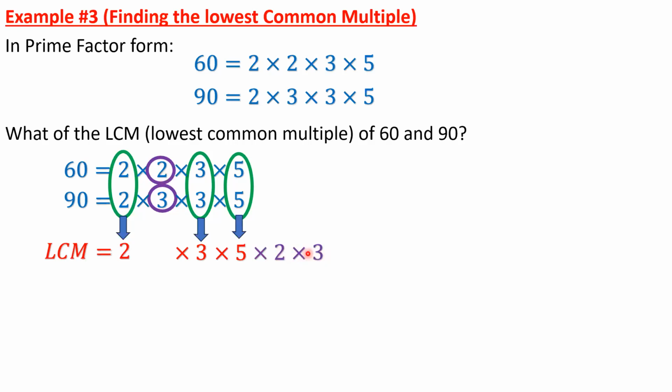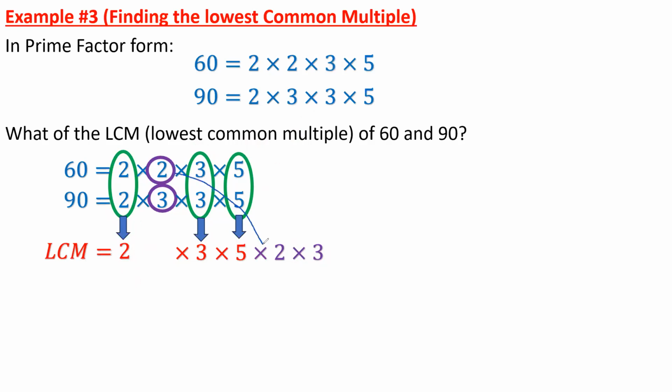So now let's bring it all together. We have 2 times 3 times 5 because this common grouping leads us to 2, this common grouping leads us to 3, and this common grouping leads us to 5. This 2 we have to put here because even though it's not common, it's still important.